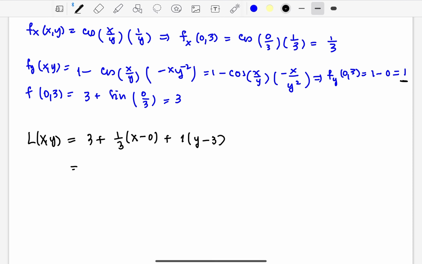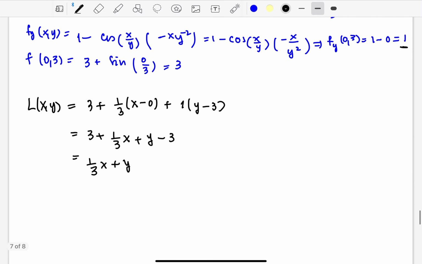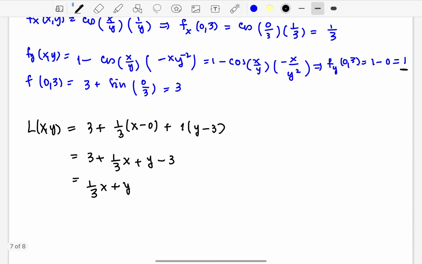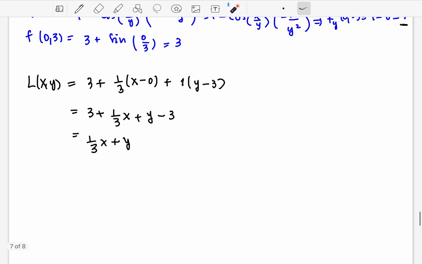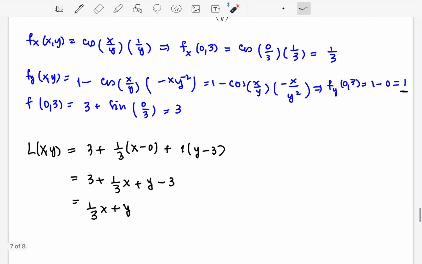So this is equal to 3 plus 1/3 x plus y minus 3. So all this work to get that this is 1/3 x plus y, okay? So that means that near (0, 3), this should be a good approximation, right? This is the equation of the tangent plane, and I can use it to approximate the function near that point.